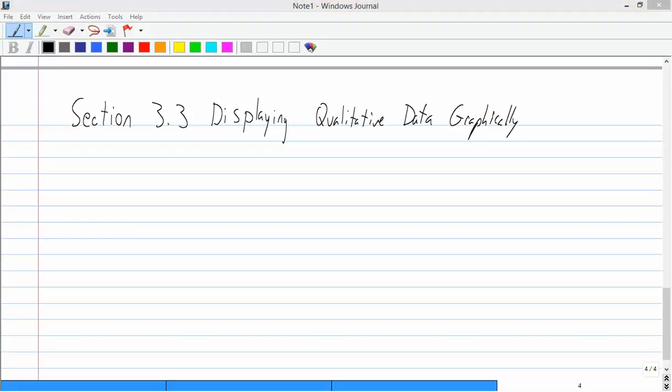Alright, so one way to display data is a bar chart.